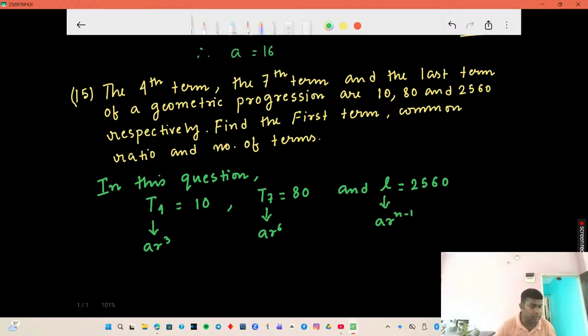So now we will divide T7 by T4 to find the value of R. And what is R here? R is nothing but the common ratio.